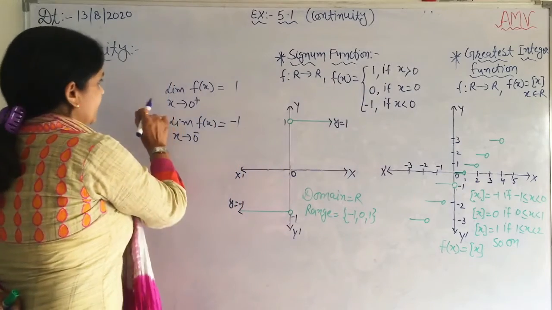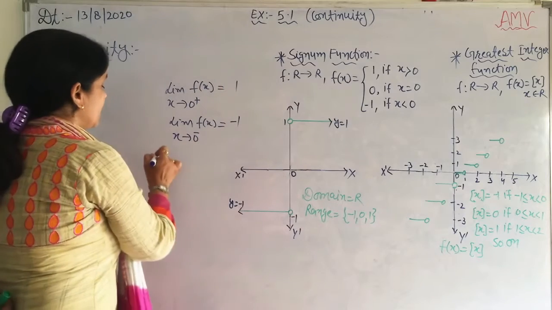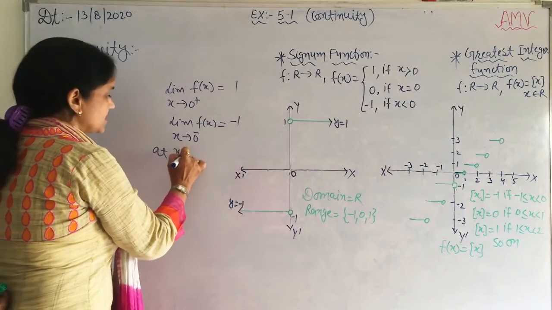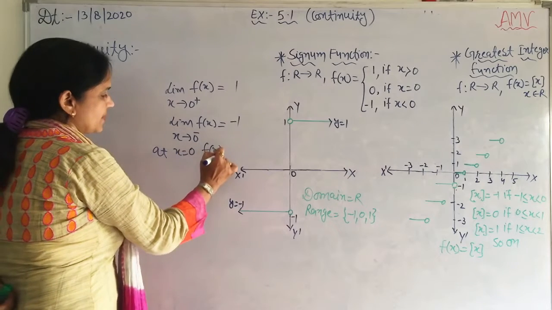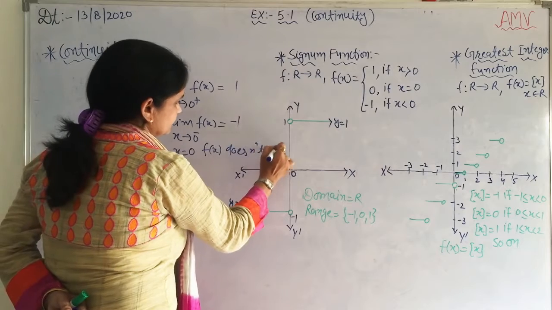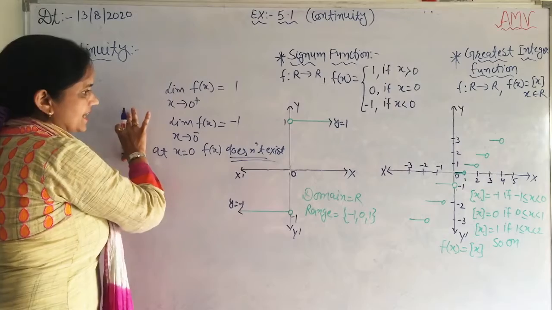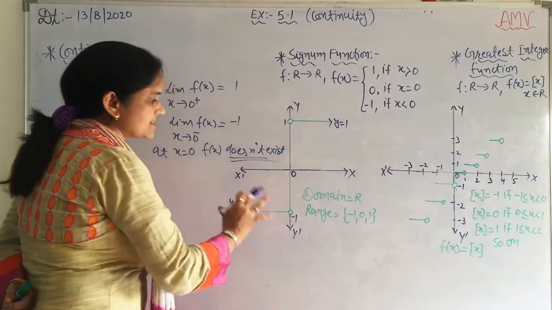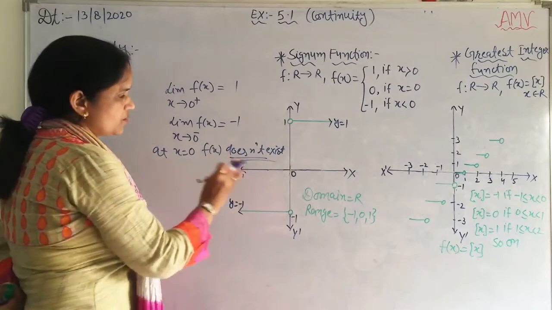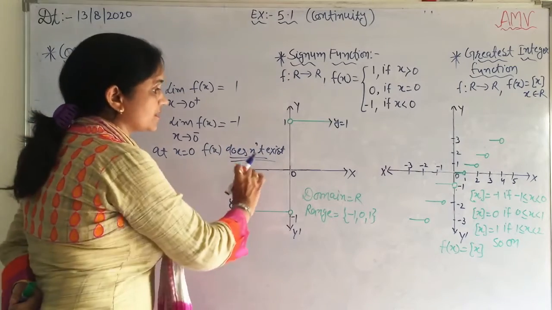Both values are different, and at x equal to 0 the limit doesn't exist. So students, the graph is not continuous, since to draw it you have to lift your pencil.